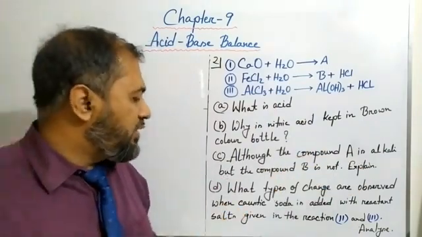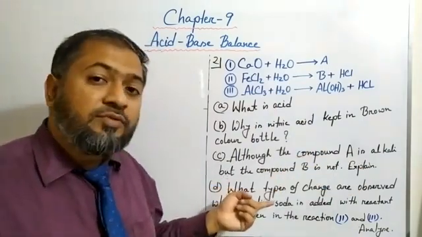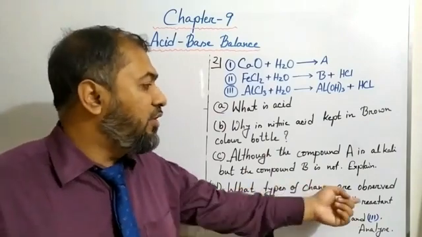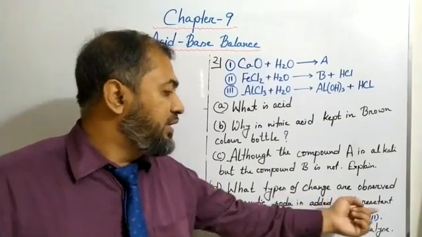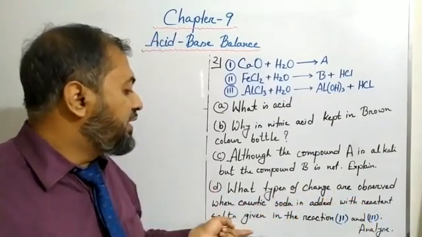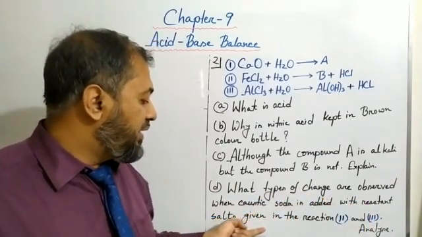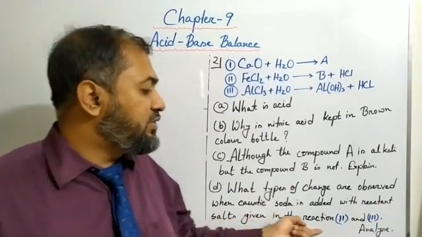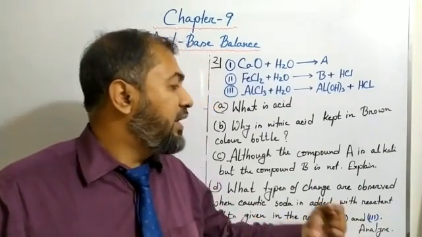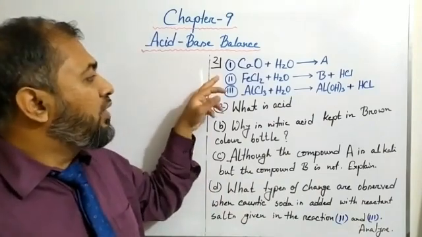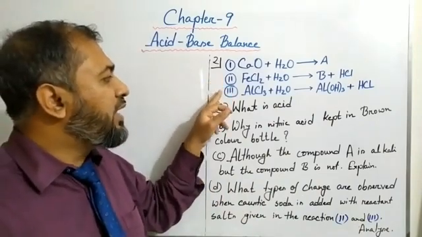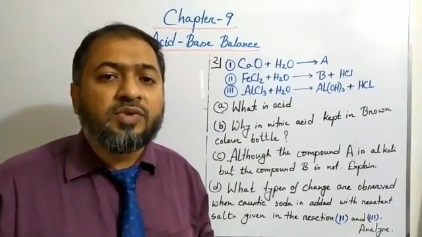And the last one, question D: what types of change are observed when caustic soda is added with the reactant salt given in reactions 2 and 3? Analyze. That means when we add caustic soda with ferrous chloride and aluminum chloride, what types of change will be observed?